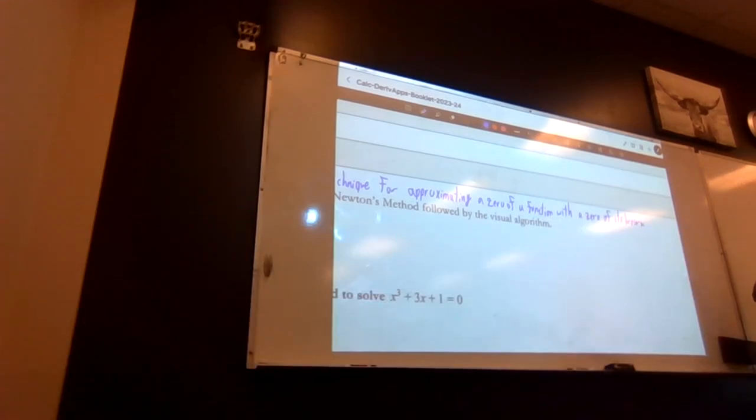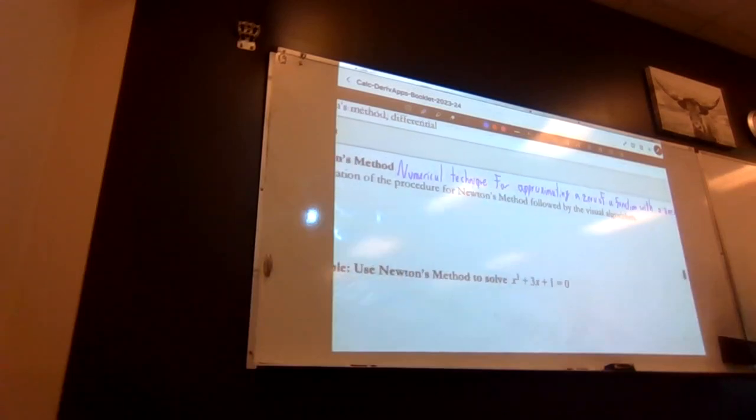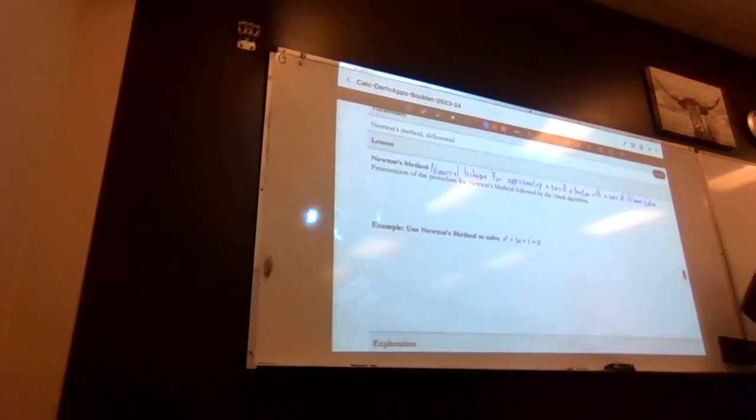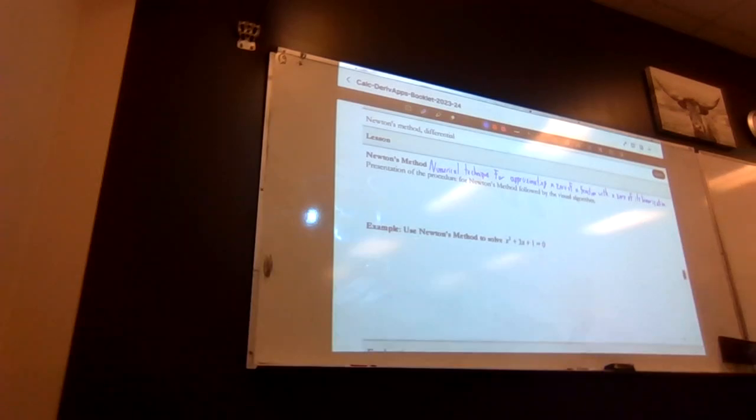That's right, linearization. Okay? So it's a numerical technique for approximating a zero of a function with a zero of its linearization.